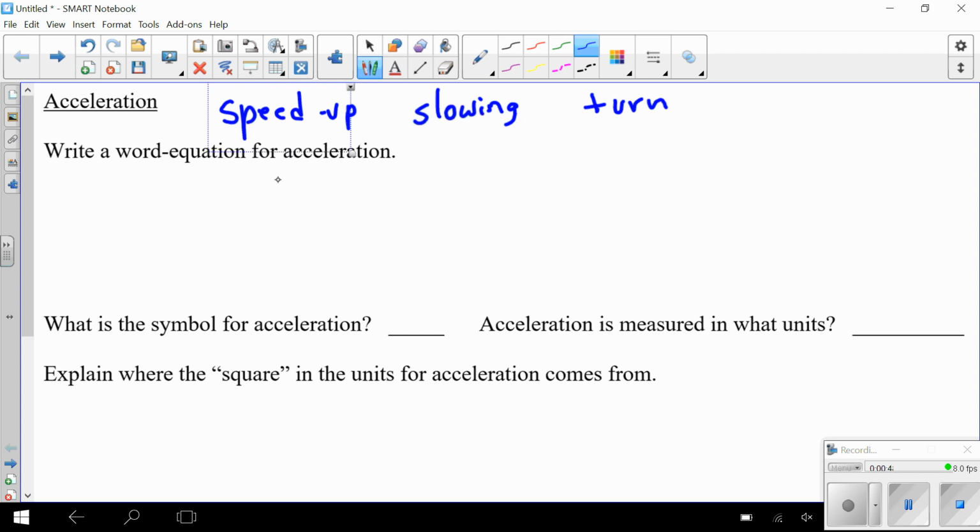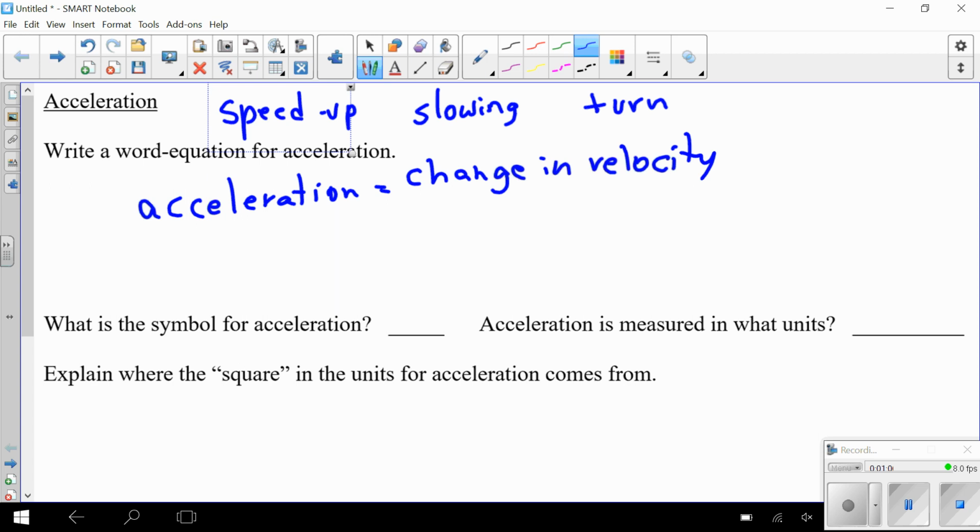If you write a word equation for acceleration, we know that acceleration is the change in velocity over the change in time.